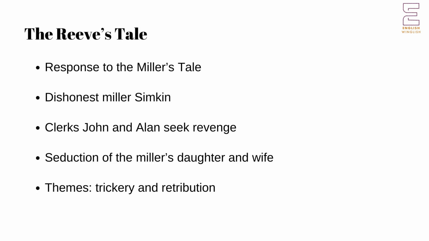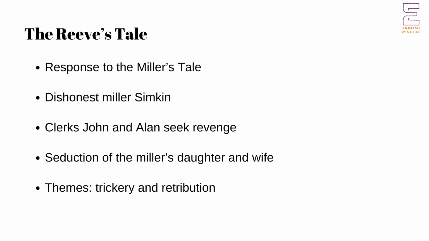The Reeve's Tale. The Reeve's Tale, a response to the Miller's Tale, features a dishonest miller named Simpkin who steals grain from 2 clerks, John and Ellen. Seeking revenge, the clerks spend the night at the miller's home. During the night, Ellen seduces the miller's daughter, while John tricks the miller's wife into sleeping with him.